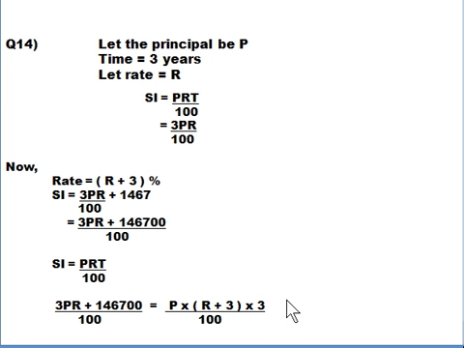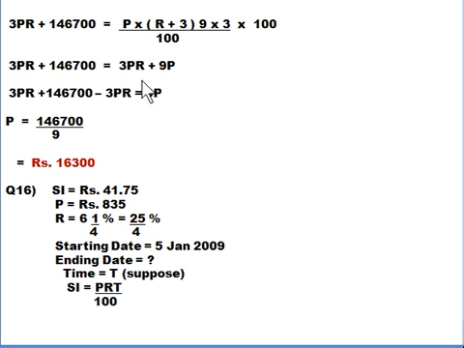Now we need to simplify this particular equation that we have obtained. Once we simplify it, you will find that the PR term is cancelled while solving it, and you are left with a variable P whose value comes equal to rupees 16300, and this is what was asked in the question. So this is the required principal.